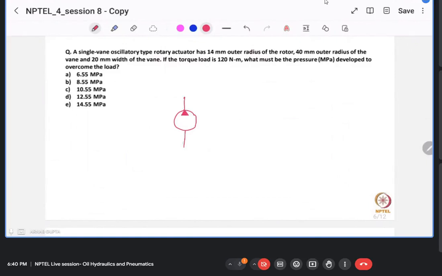It is again operating against a pressure differential, delta P.